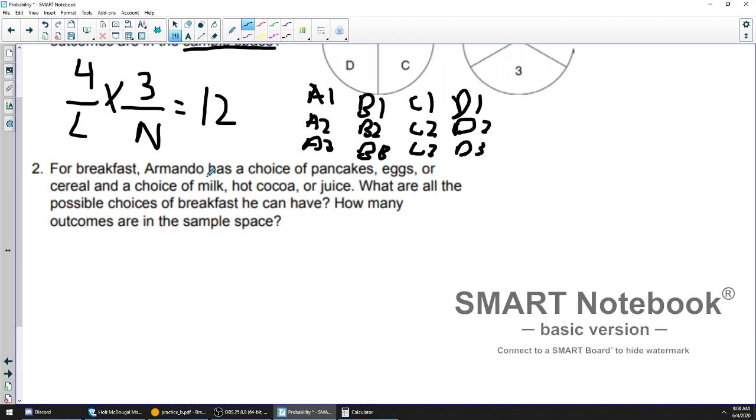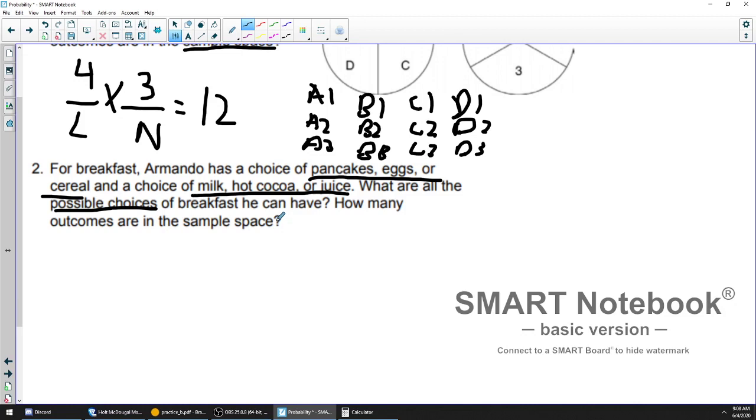For breakfast, Armando has a choice of pancakes, eggs, or cereal, and a choice of milk, hot cocoa, or juice. What are all the possible choices of breakfast he can have? How many outcomes are in the sample space? So again, we have 2 events going on.